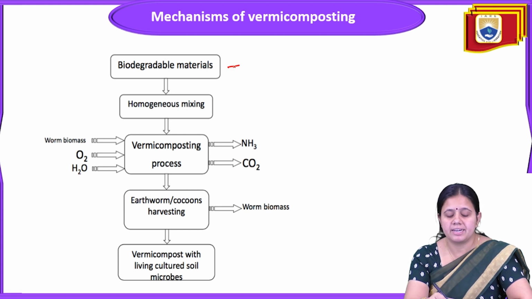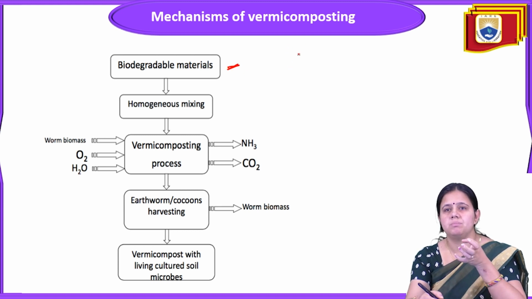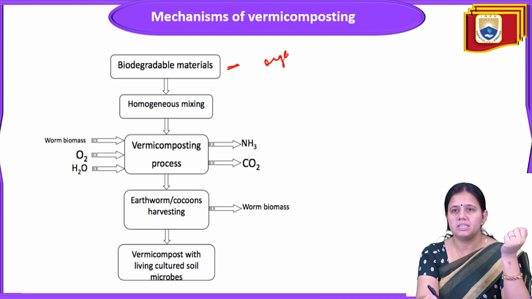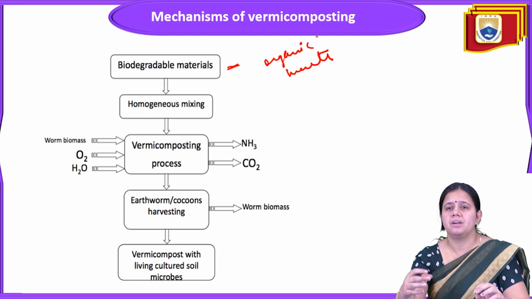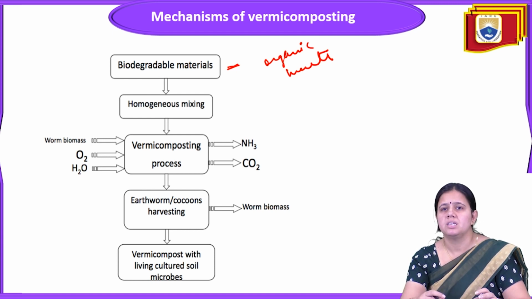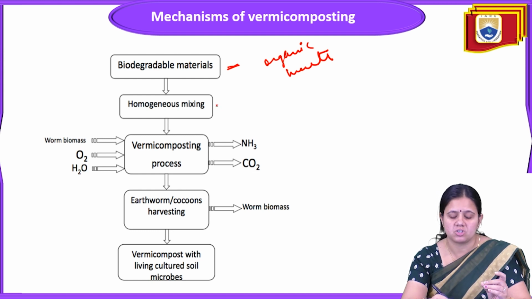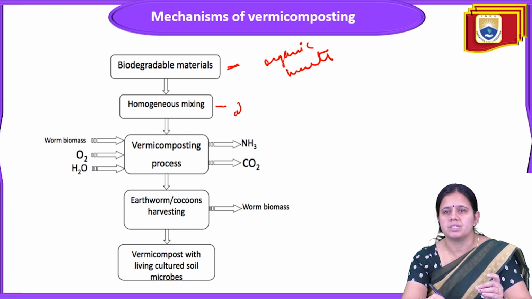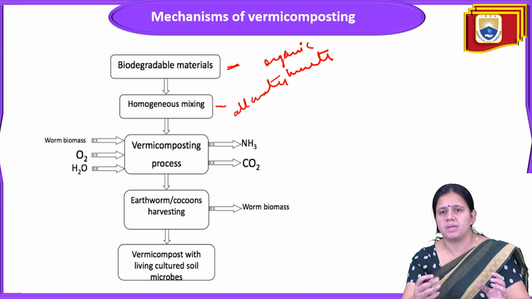First, the biodegradable material should be collected. Biodegradable material means material which is organic in nature, that is, organic waste. It will be collected at a point, and then a homogeneous mixture of all the waste is made, to maintain the right conditions for the earthworms to survive and work in good condition.